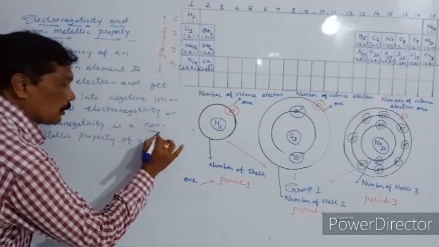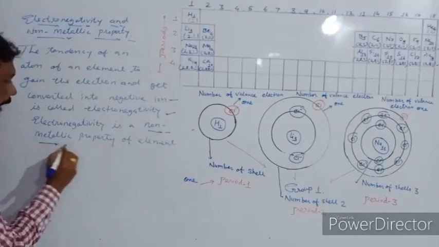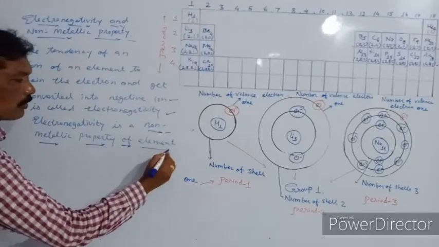Electronegativity is a non-metallic property of elements.